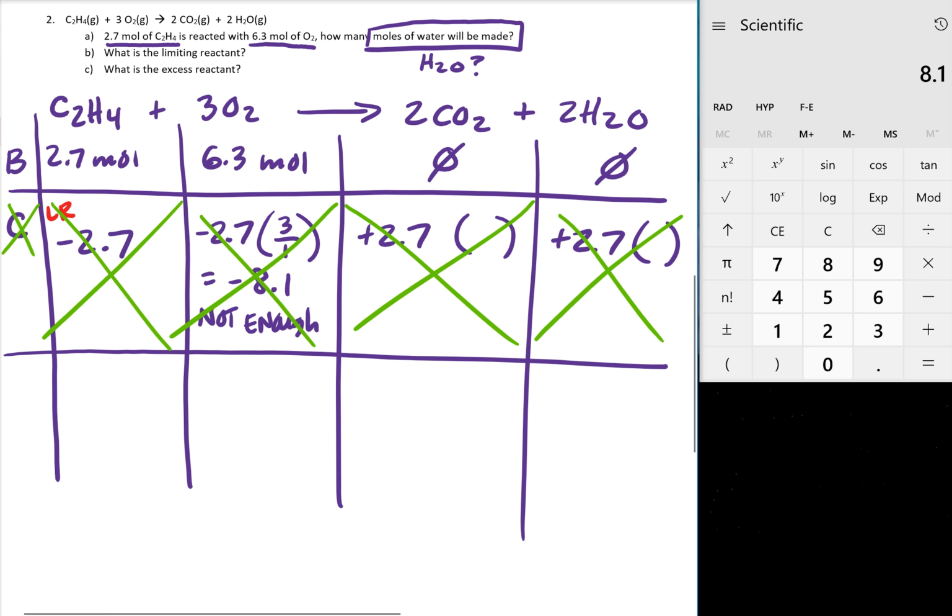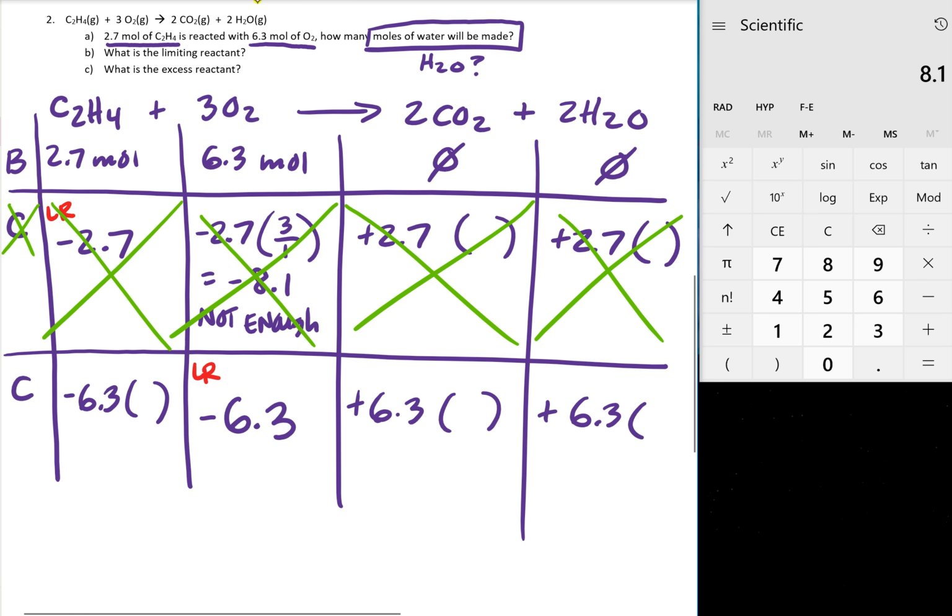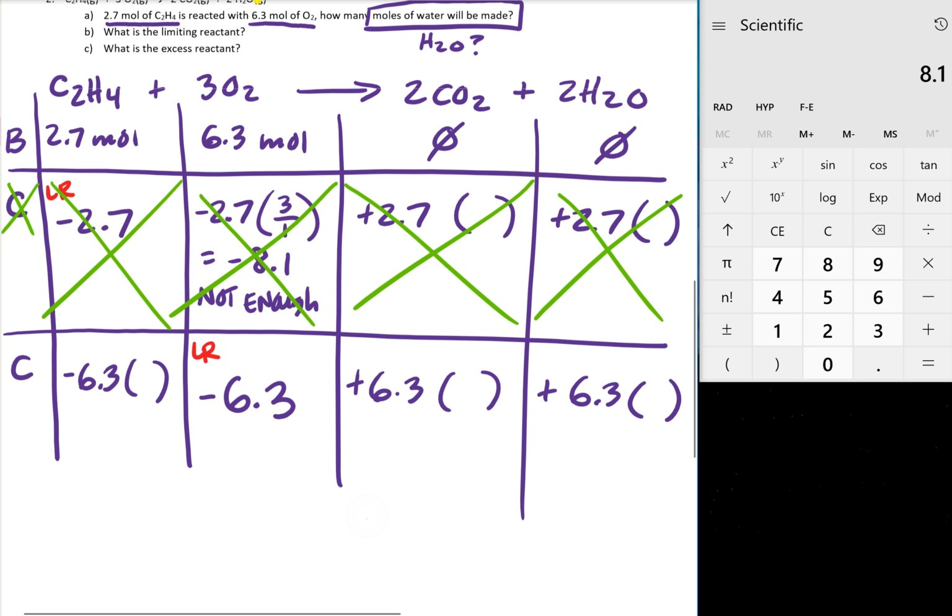We now know that your LR is going to be O2 because we didn't have enough of it. So your limiting reactant is O2, so we're going to subtract all of the starting value of that oxygen, 6.3. Since O2 is the limiting reactant, its value gets copied to all the other columns. And all those values get multiplied by the fraction of your mole ratio.